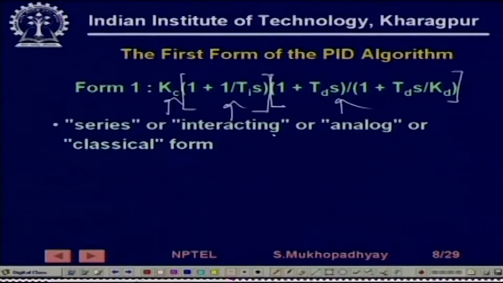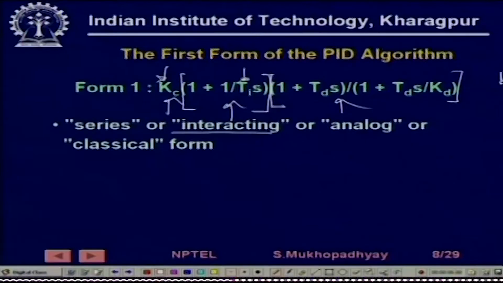Why is it interacting? It is interacting because, for example, with respect to the second form, which is probably the most popular, if you change any one of them, let us say if you change Kc, then the integral time and basically the integral and the derivative gains will change.